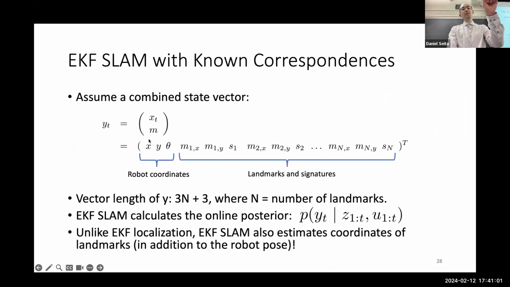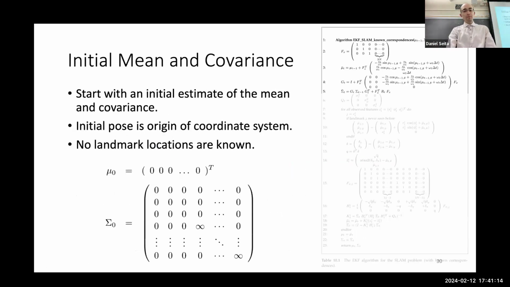So mu is going to be the mean of the robot coordinate and the landmarks. The covariance has to be of dimension 3n plus 3 by 3n plus 3. The bottom right part of the covariance is all the landmark stuff. If we don't assume anything about them, then we have to have an infinite variance. If you try to model where they're located with a Gaussian, but we don't know anything about where they are, then you might as well just crank up the variance, because we just don't know where the landmarks are.